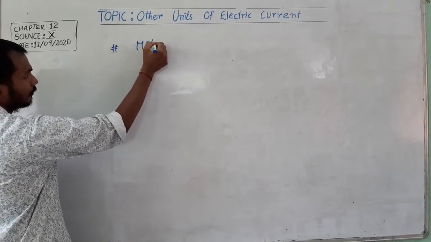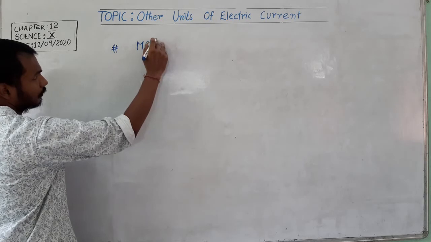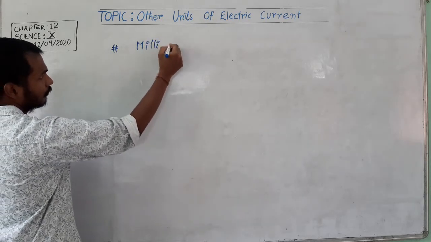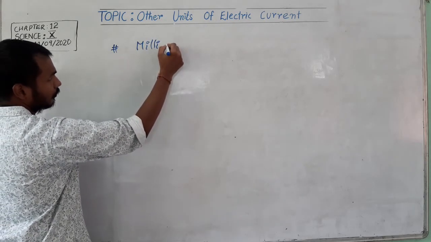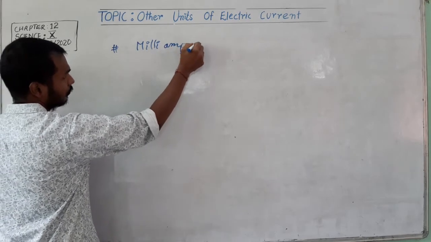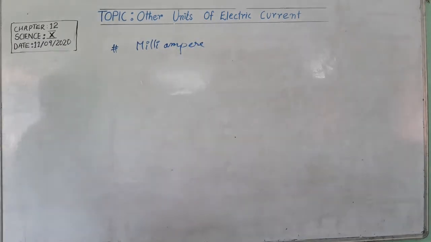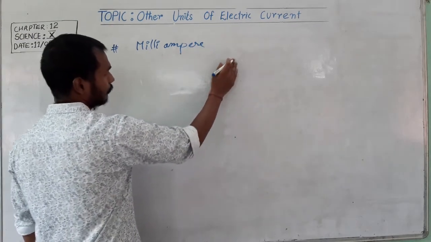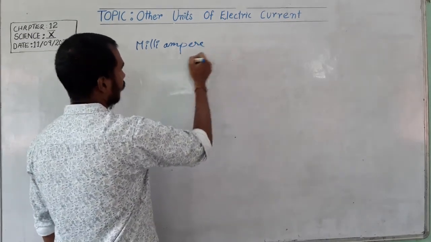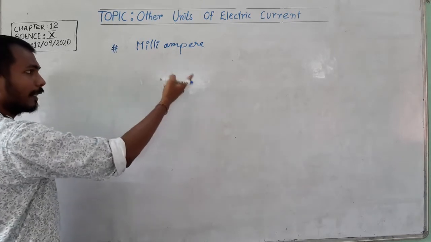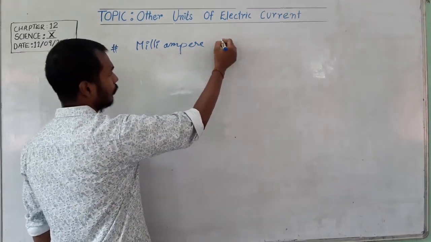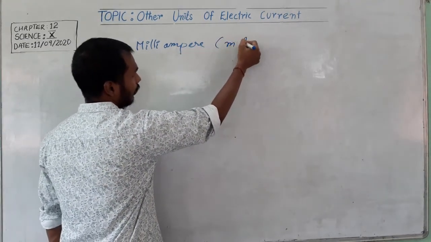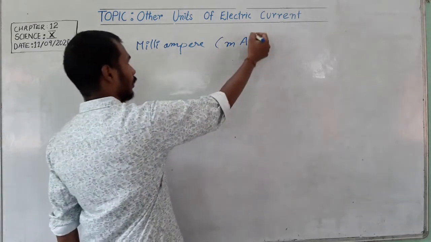So some other units are milliampere, ampere. Okay, milliampere. And milliampere can be written in symbolic form as mA.